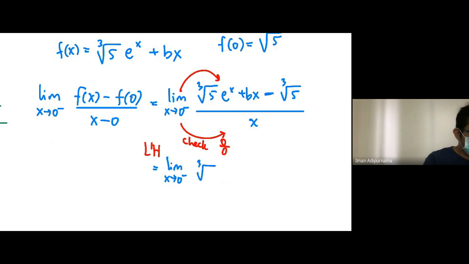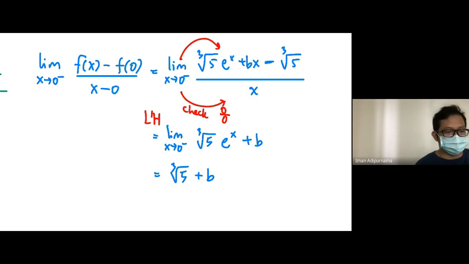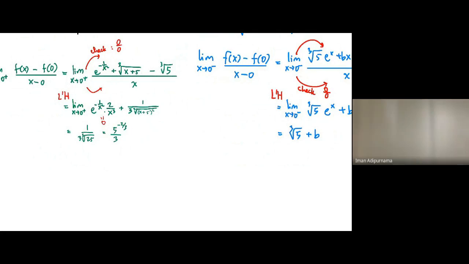Then we check this becomes this, and we check the limit. Then the result is this, and then compare with this. Now this should be equal, right? So we can find b.